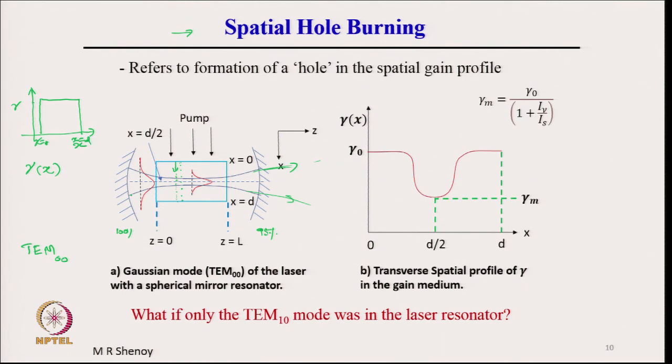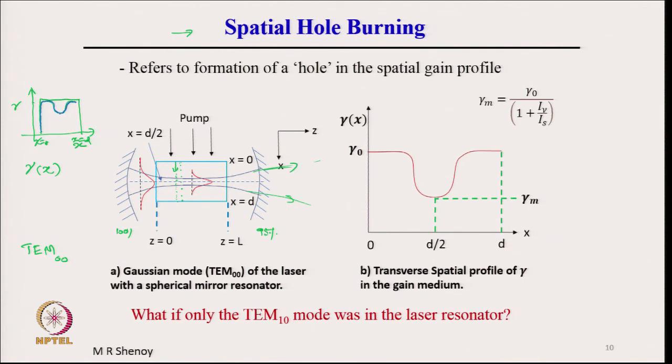But if the laser beam is present, then in a certain portion of the rod there is an intense laser beam which depletes this gain, just like spectral hole burning. It brings down the gain, and therefore, let me use a different color, this would be the new gain profile in the presence of the laser beam.